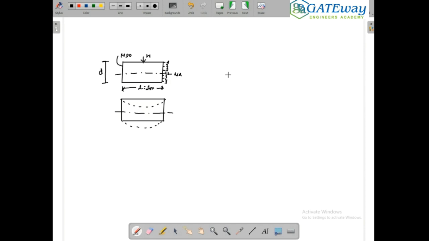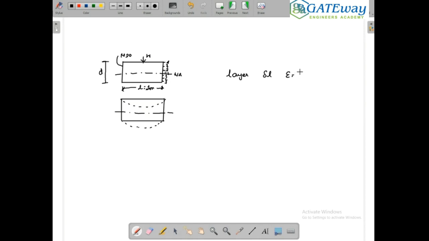Take a tabular column: layer, difference in length. Then we have to calculate strain.